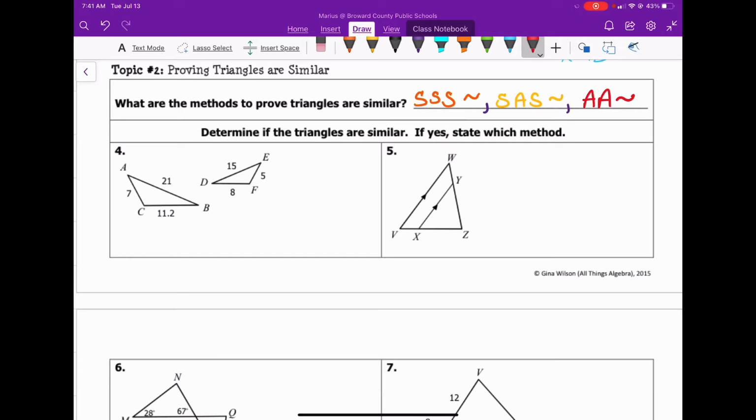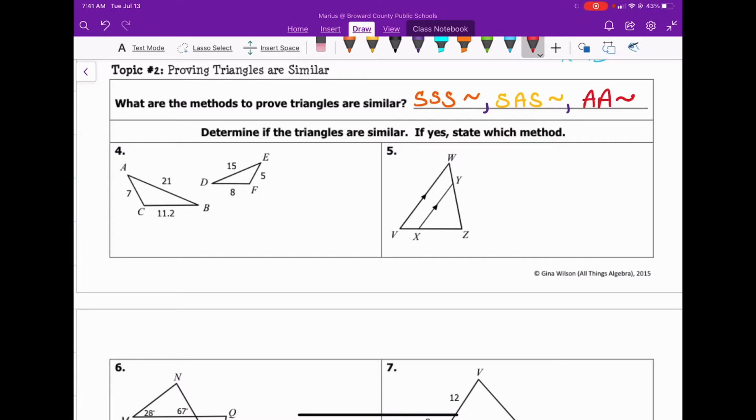And as far as angles, the angles have to be congruent. There's no other way. The angles cannot be different. The sides, however, do not have to be congruent. They have to be proportional. The proportions have to be equal to each other. So let's go ahead and jump right in.